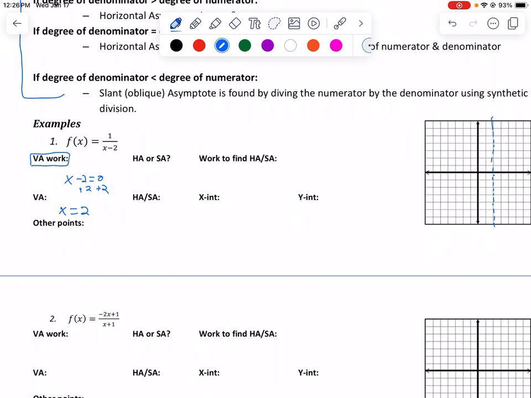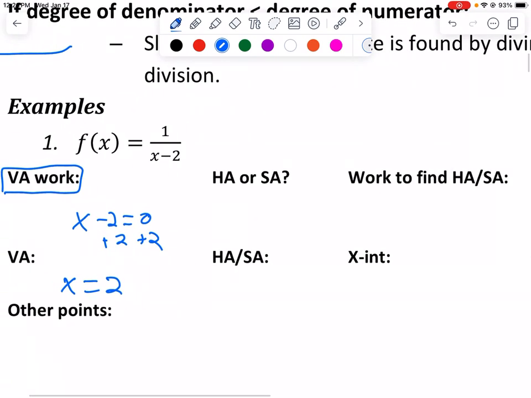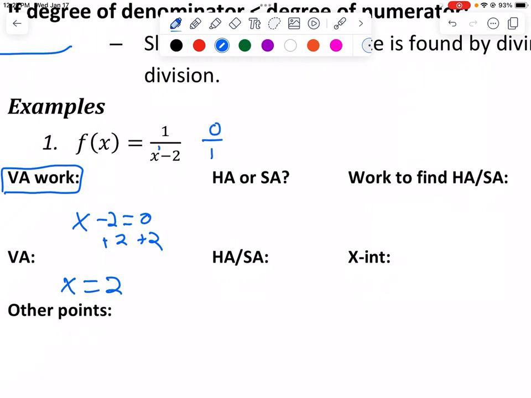And then for the horizontal or slant asymptote, we're going to look at our function and at our x values. I have a denominator, and the degree of the x right here is 1. And I do not have a degree on top. So my denominator is bigger than my numerator, which tells us we have a horizontal asymptote.